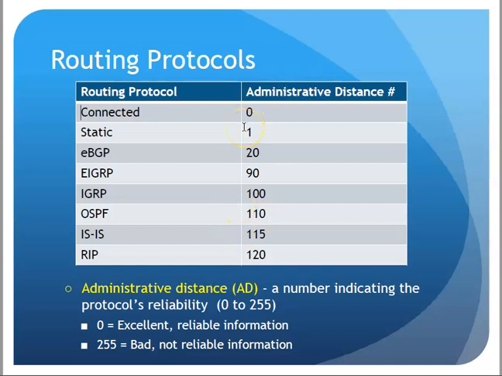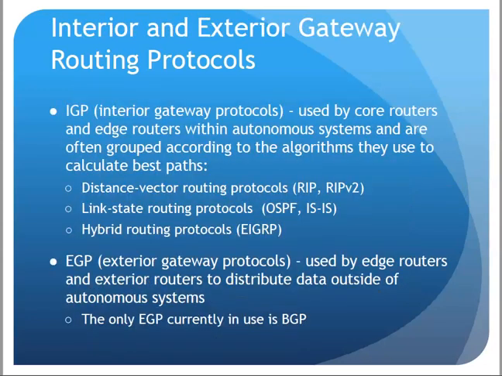So as we start seeing an EIGRP route in our lab room, that's going to have an administrative distance of 90, which is, I'm using little air quotes, better information than OSPF at 110, which is better than the information IS-IS gathers, which is better than RIP at 120. The quality, the reliability of that information, if you will. So keep that in the back of your brain as we start looking at these routing protocols.